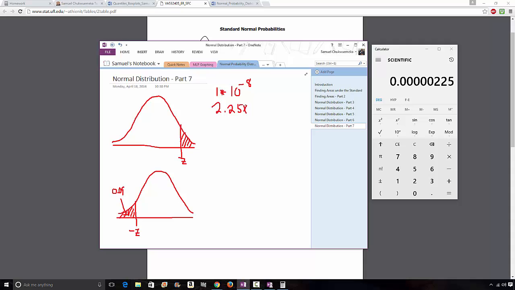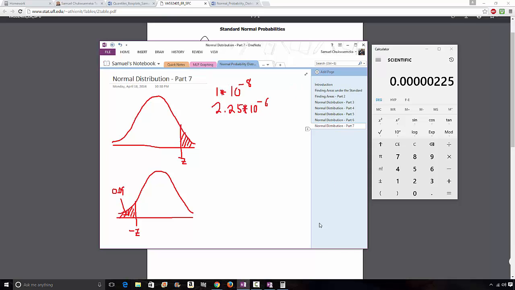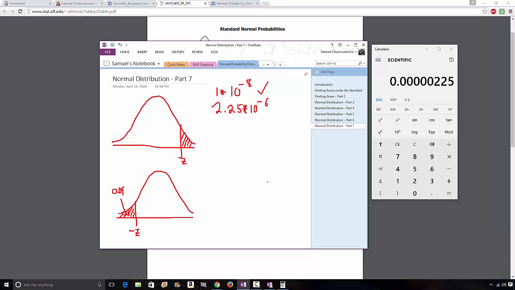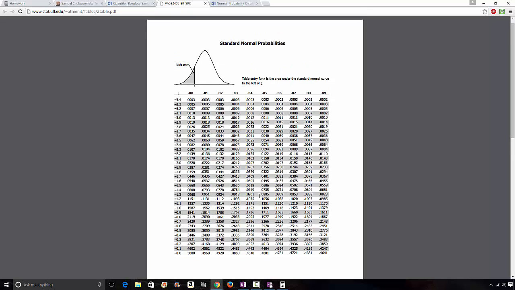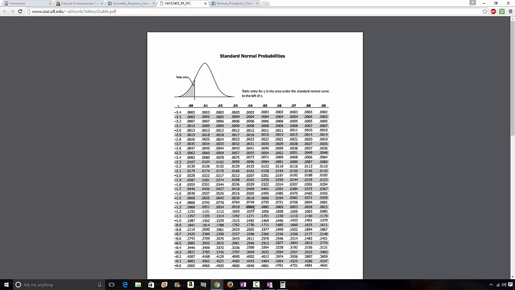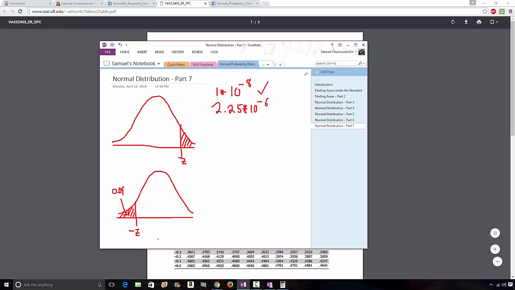Of course, now you could easily tell which one is smaller. Which one do you think is smaller? This one is smaller, so we choose this one. What was the z-score corresponding to that? That was 0.0901, and that was negative 1.34.